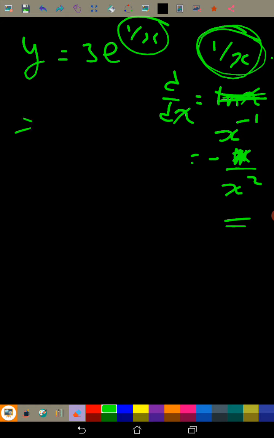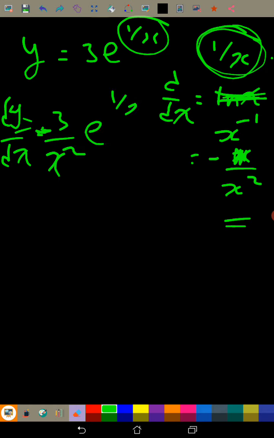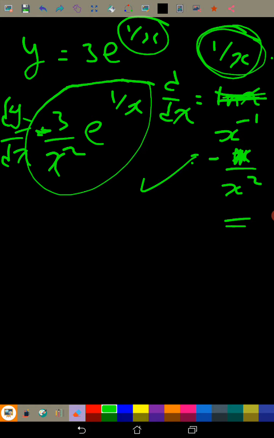So it's going to be dy by dx, 3 divided by, so minus, sorry, x to the power 2e. I think we're done here. That's it. That's the correct answer. And differentiating, so it's very easy.